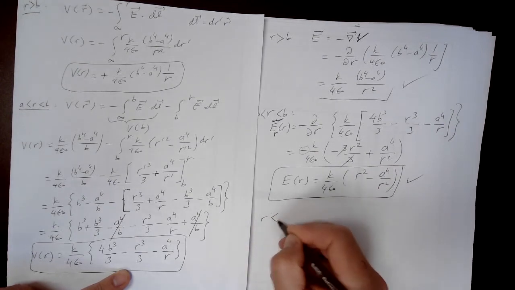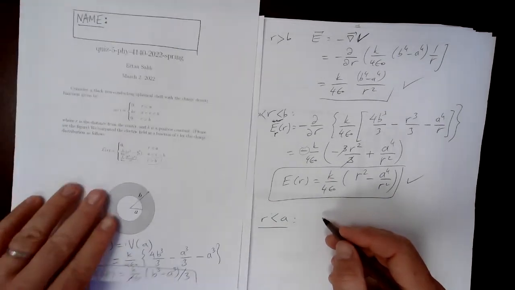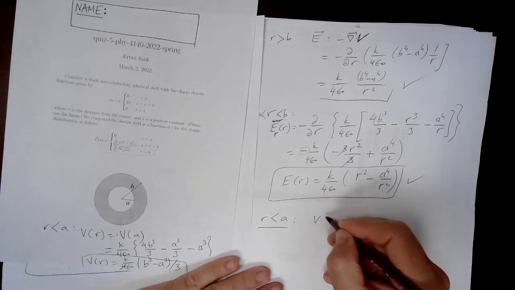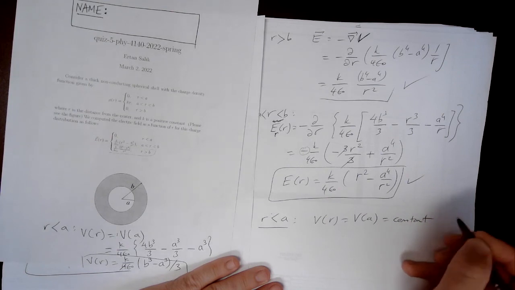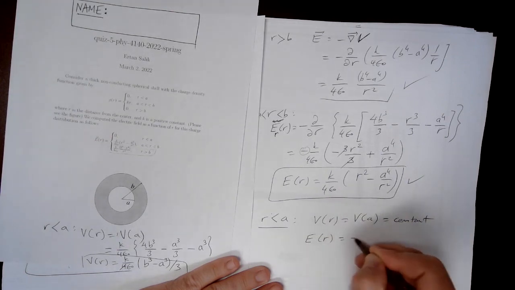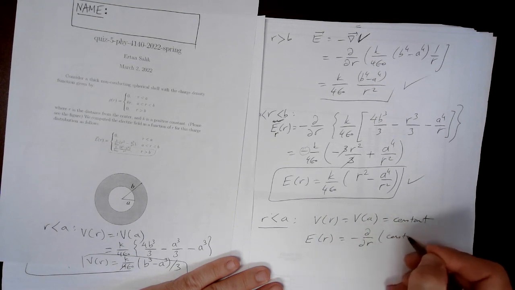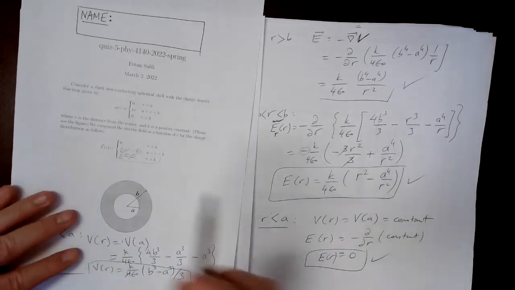R smaller than A is the easiest one, because for R smaller than A, I have a constant. Okay, since V of R equals V of A, it's a constant. So my expectation for the electric field is minus del V del R of a constant, which has to be 0. So that's what I have here.